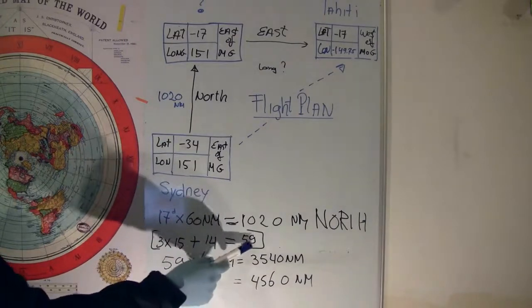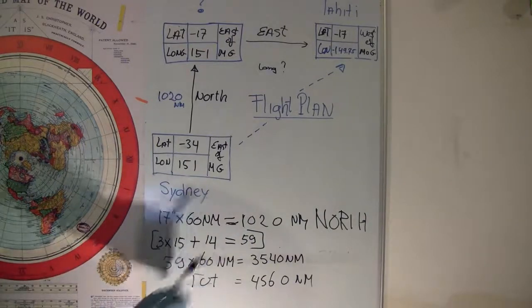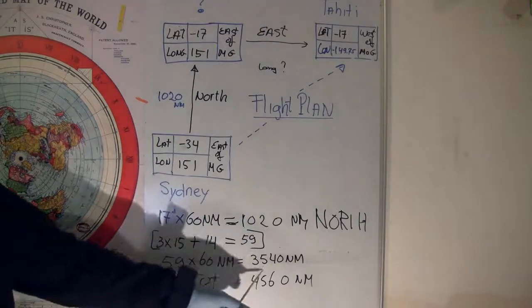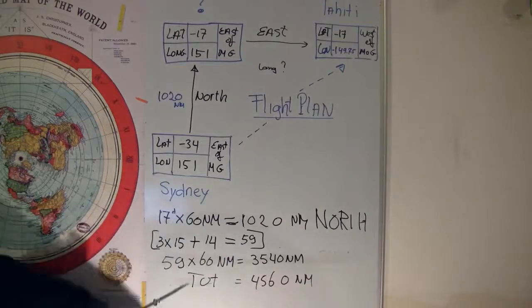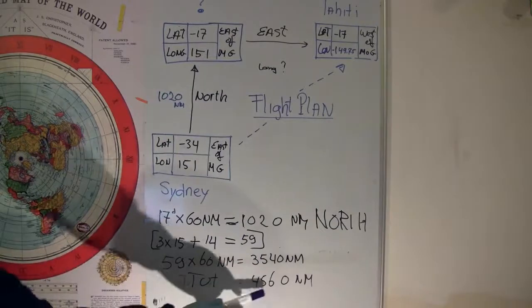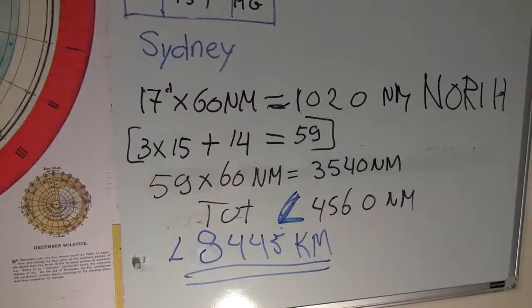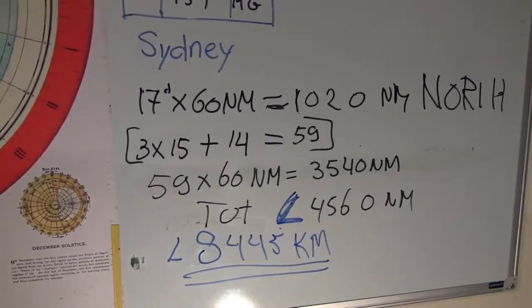That's 59 degrees. 59 degrees times 60 nautical miles, that makes a total of 3,540 nautical miles. The total distance from Sydney to Tahiti is 4,560 nautical miles.